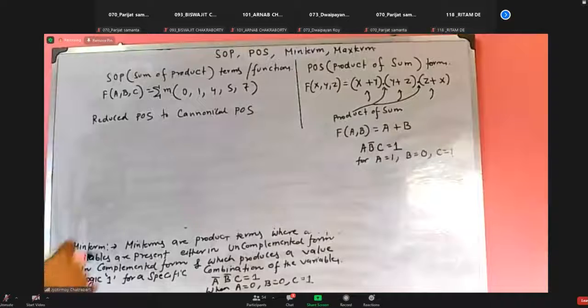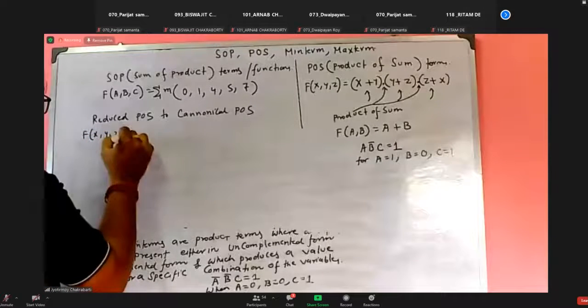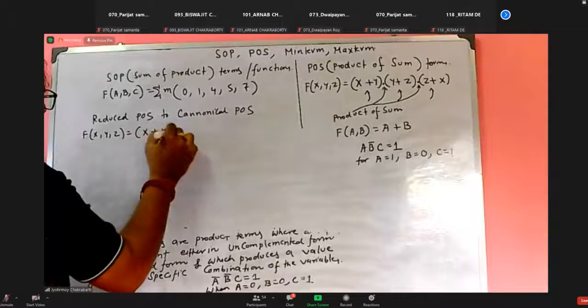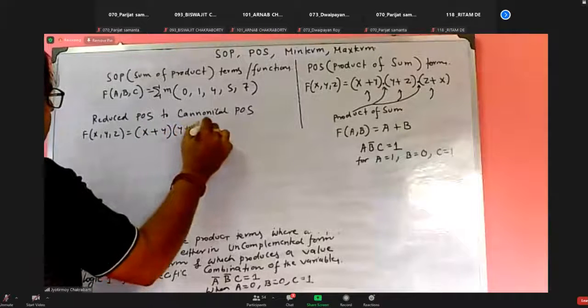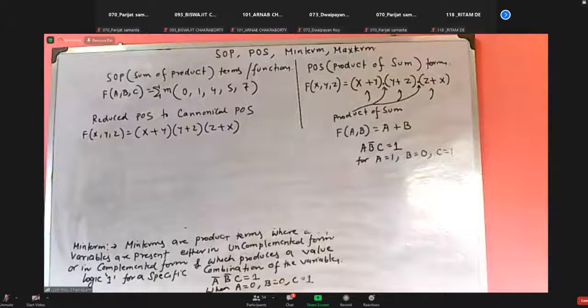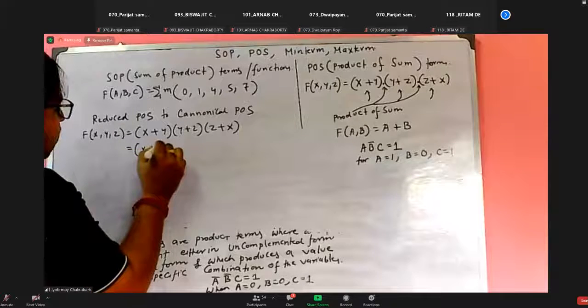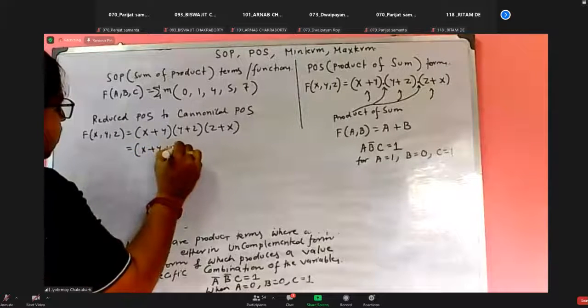Say I am taking this example. Look at these sum terms. Which variables are missing in x plus y? Z. So what you will do? Z into Z bar.